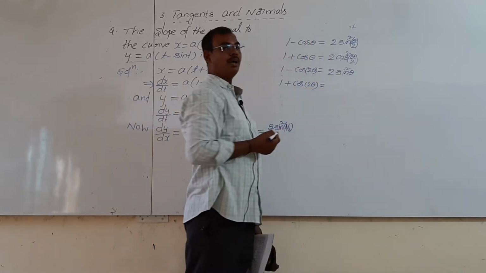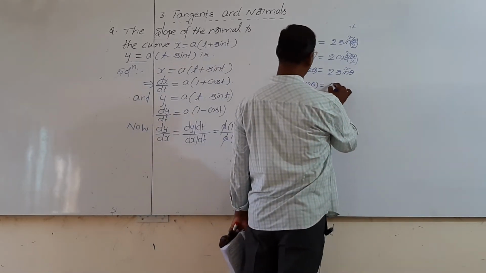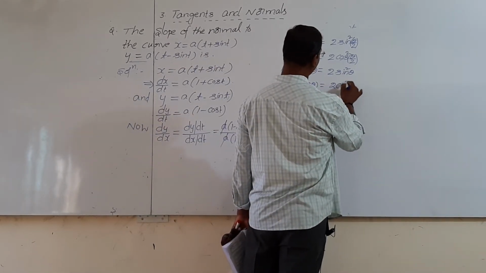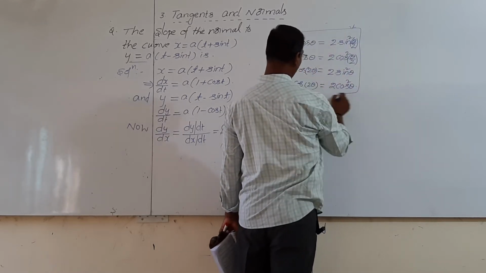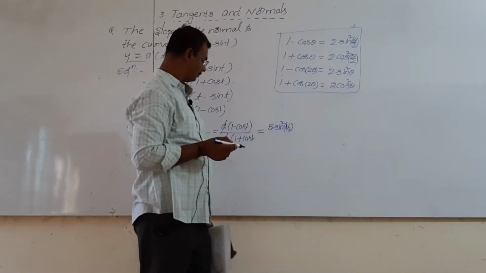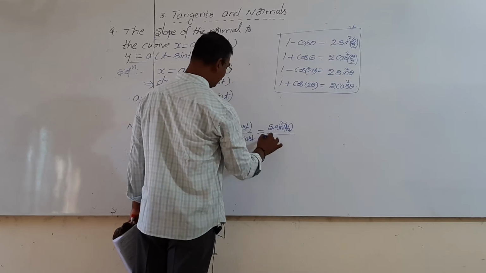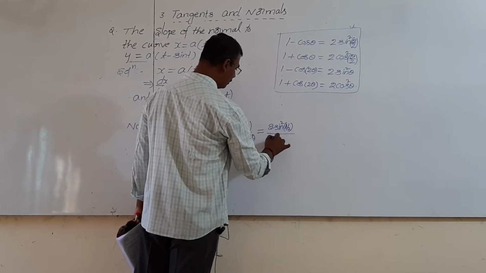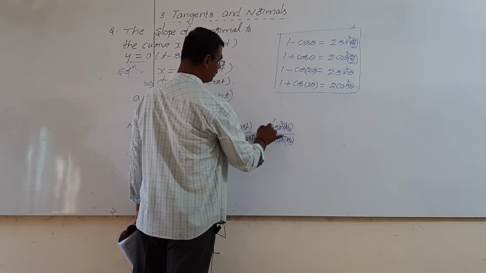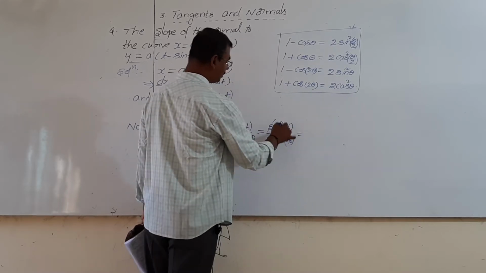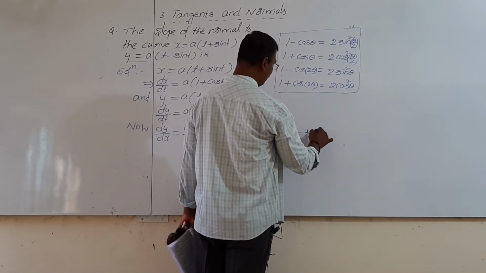This is the multiple angle formula. 1 plus cos 2 theta formula is 2 cos square theta. So keep these trigonometry formulas in your mind every time. Now this is 2 sin square t by 2 divided by 2 cos square t by 2. Here the 2 gets cancelled. We get sin by cos, tan square t by 2.